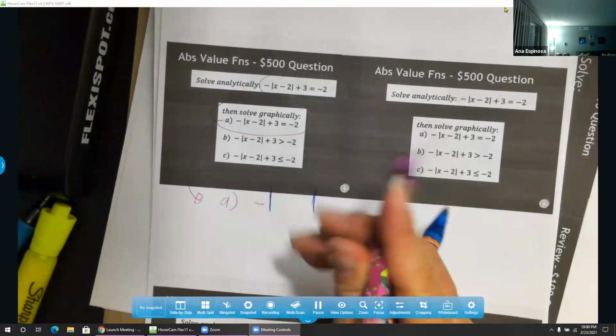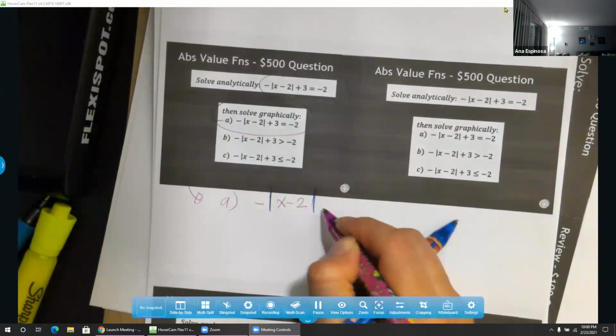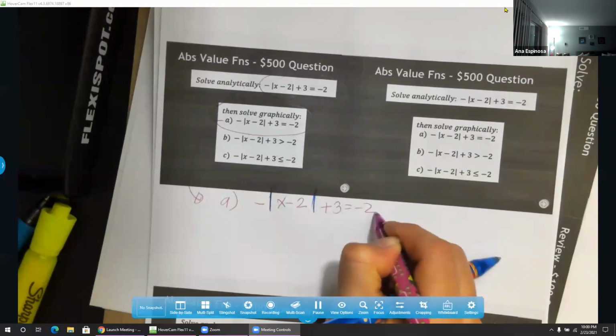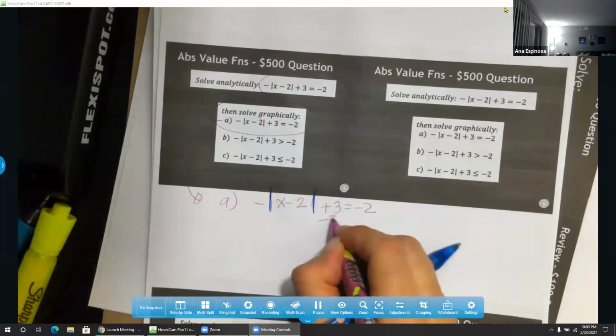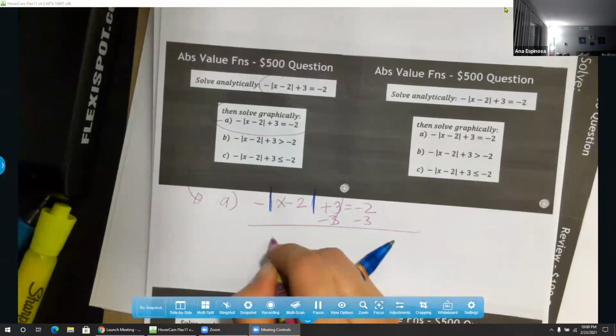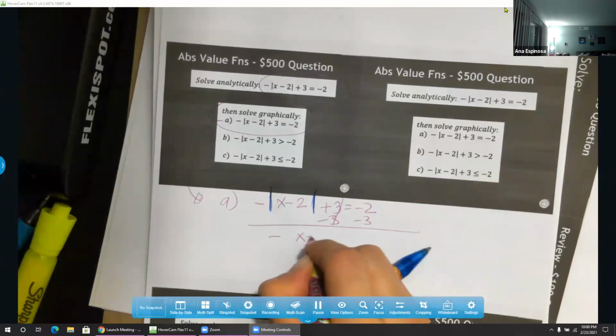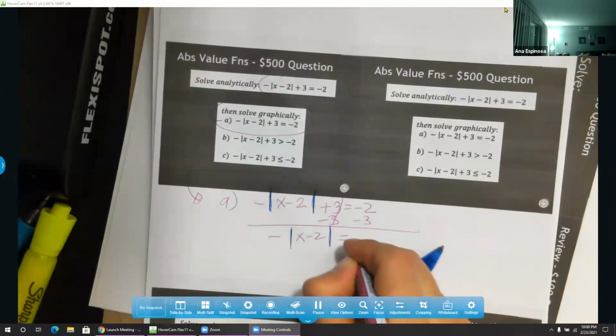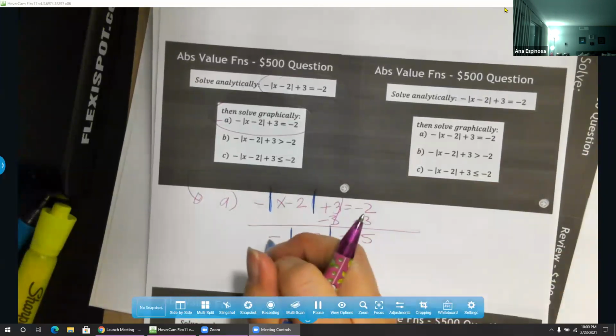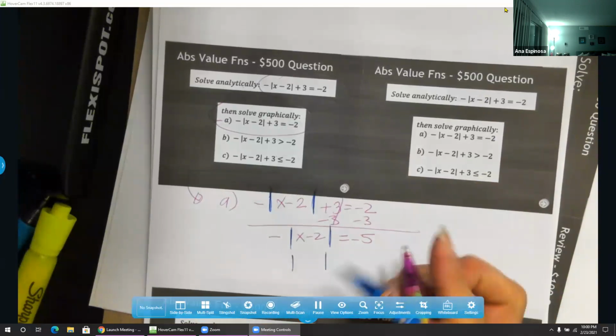So the absolute value bars. I need to isolate these. I definitely need to isolate. So I'm going to subtract the 3. Okay, I'm going to divide by a negative.